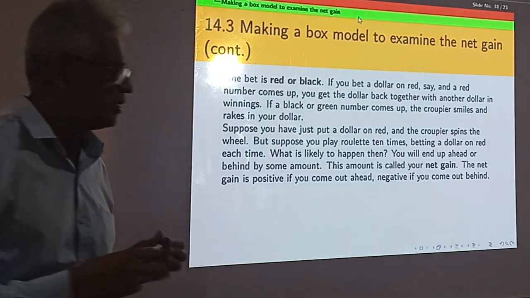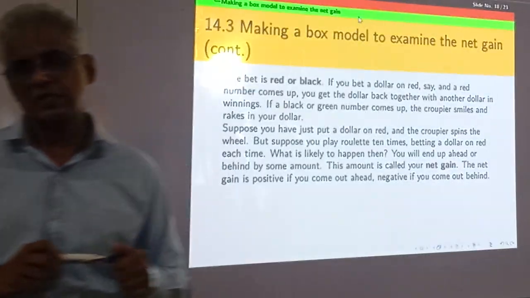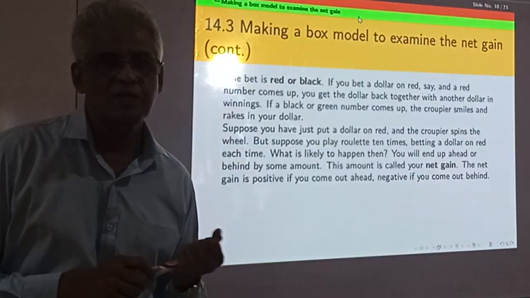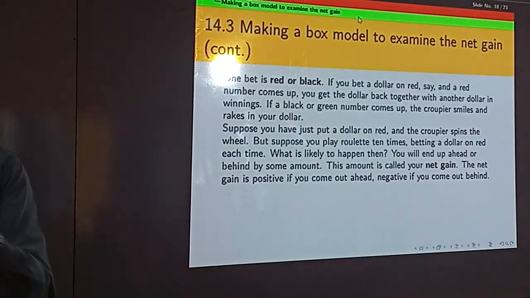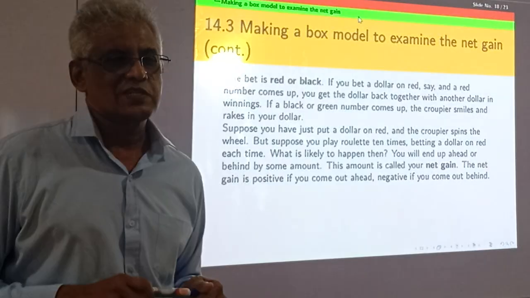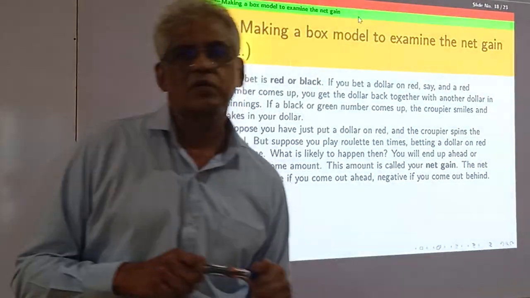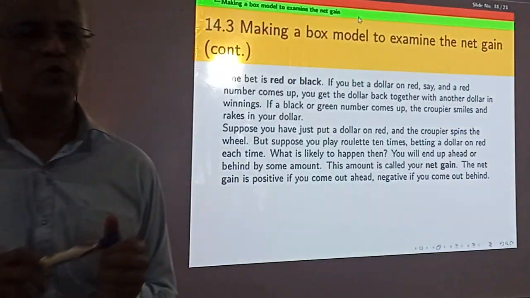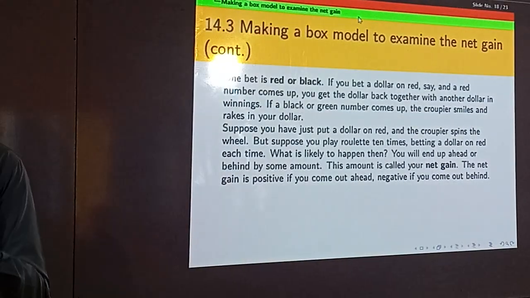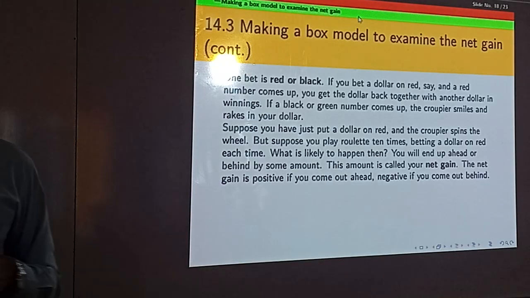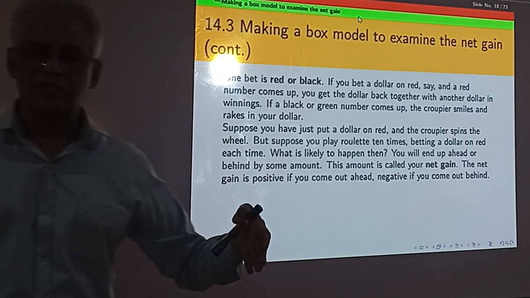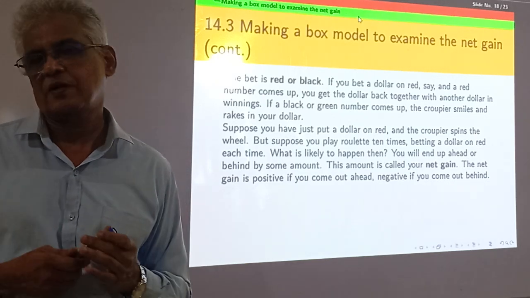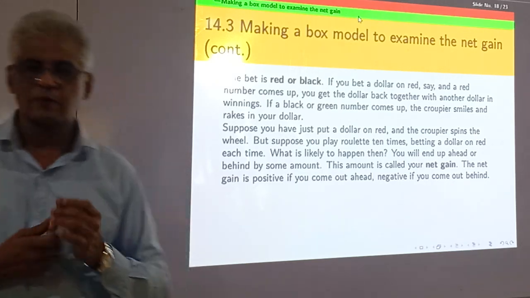The sum of those will be equal to the total gain, right? So what are the possibilities in one bet? You either win $1 or lose $1, right? So it's like drawing a ticket from what kind of box? If you want to look at the gain, for example, you can look at the total of the numbers in the tickets when you are drawing from some box. Right? So what should be your box?